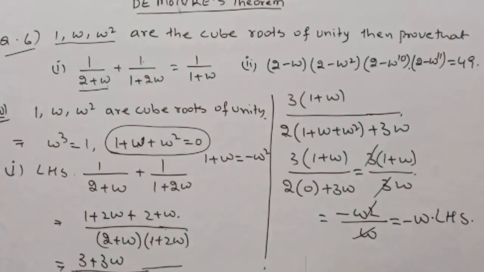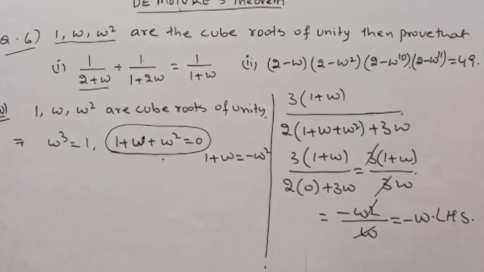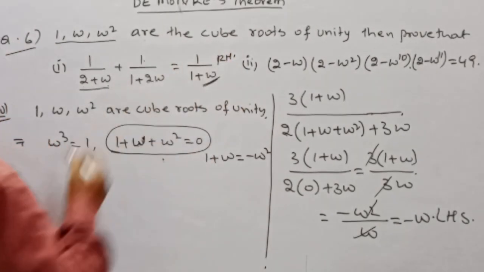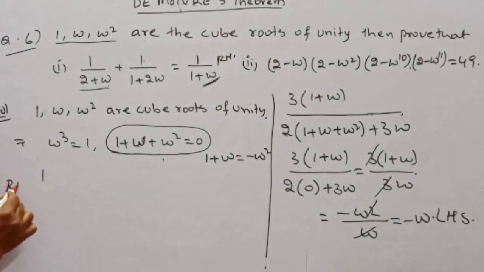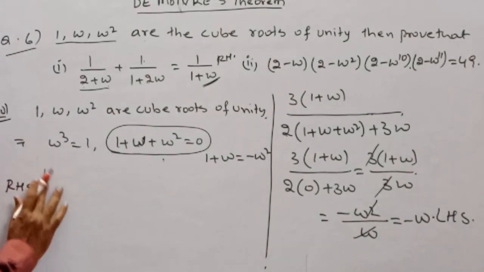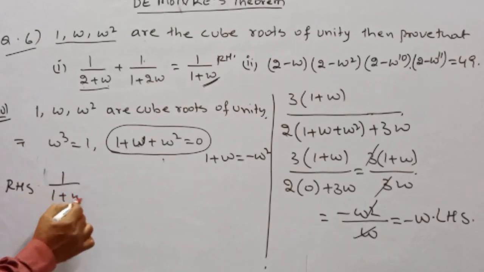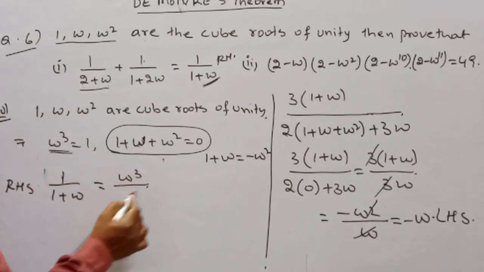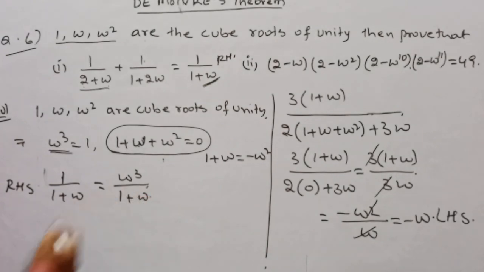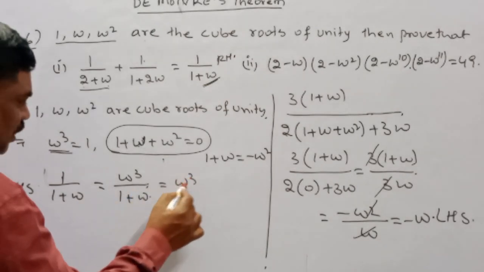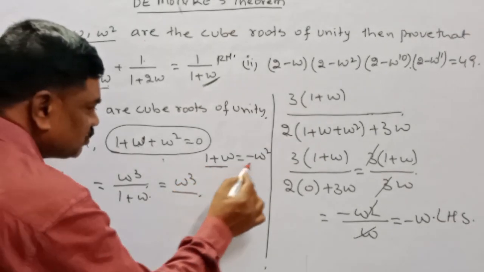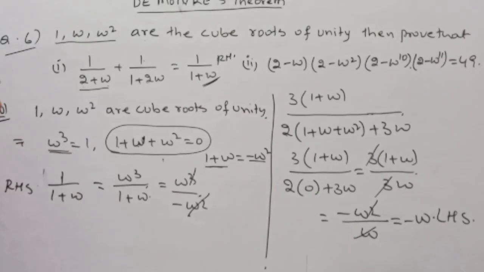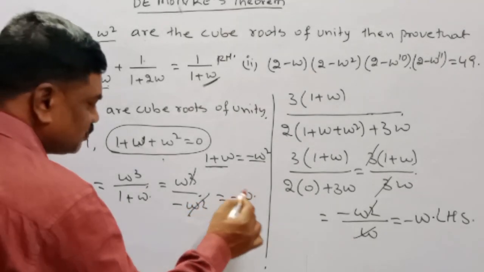Then you take the RHS. What is the RHS here? 1 by (1 plus omega). But what is 1? 1 is equal to omega cube, so omega cube by (1 plus omega), and what is 1 plus omega? Minus omega square. Omega square cancels, minus omega.